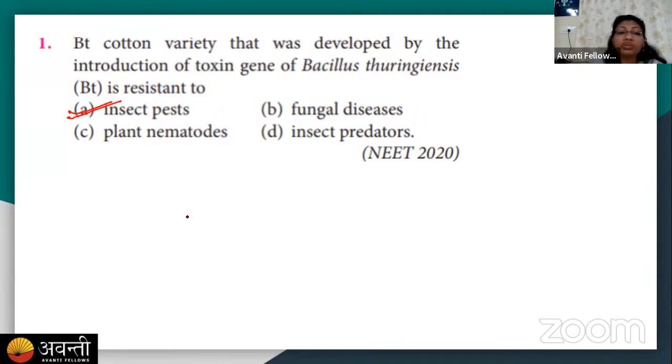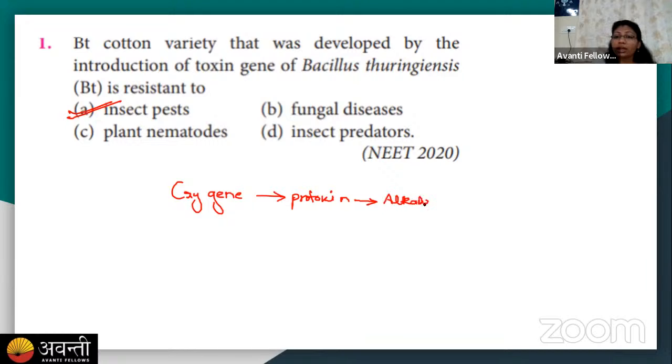We have seen that Bacillus thuringiensis has a gene known as the cry gene, right? This cry gene is responsible for the production of a toxin substance in crystalline form. These crystalline structures are protoxins. The cry gene produces protoxins, and a protoxin is inactive in nature. These protoxins get activated in alkaline pH.